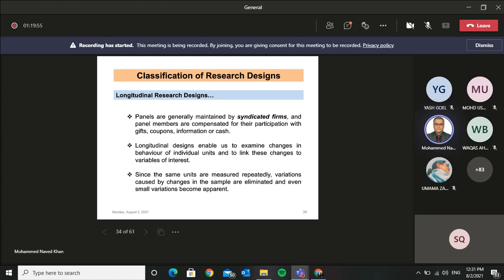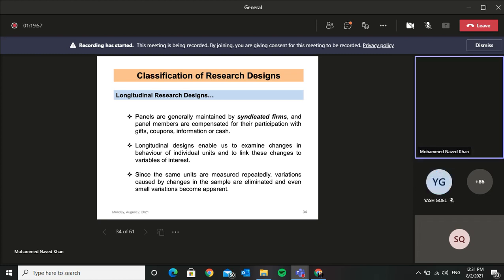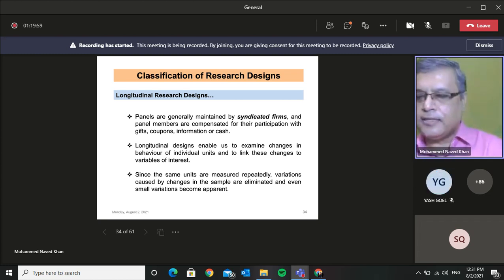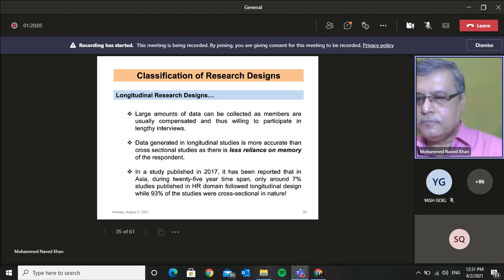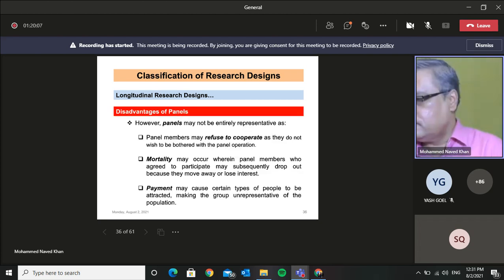Any other confusion, any other clarification that you require regarding longitudinal designs? Okay, I think Yash has asked about longitudinal designs.